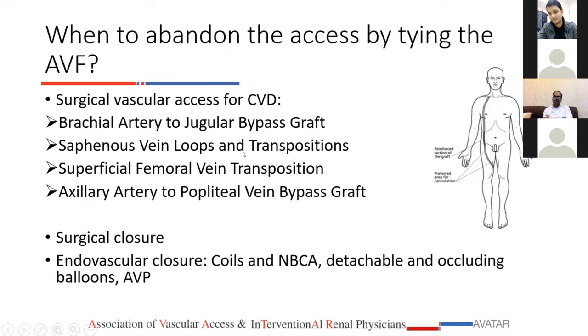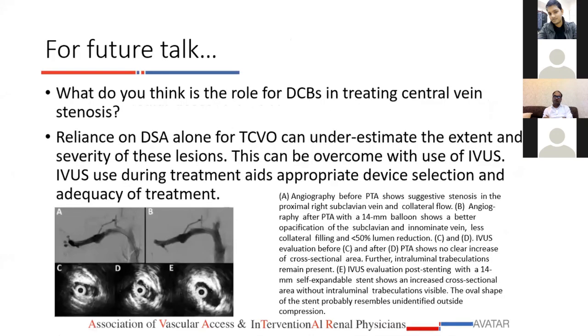If these also fail and the patient has a problem, then you will consider surgical closure of AV fistula. But you can also attempt endovascular closure, for which coils, glues, detachable and occluding balloons, and vascular plugs are available.